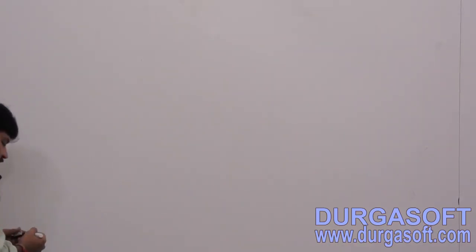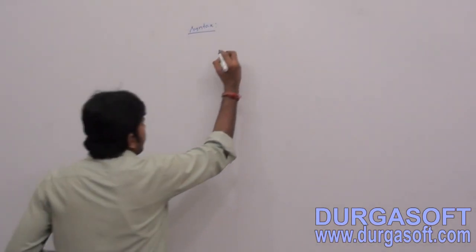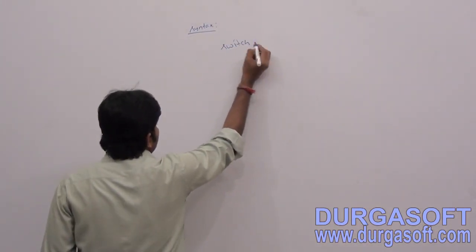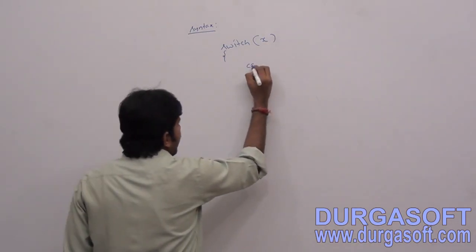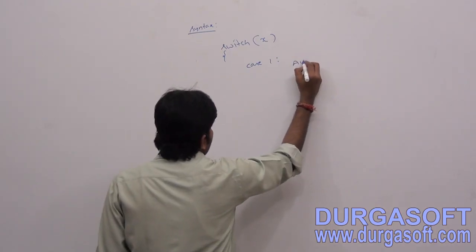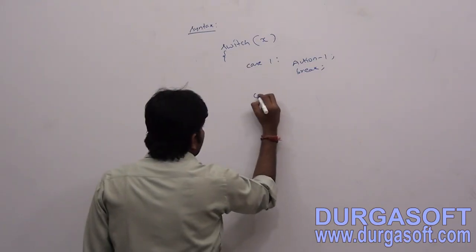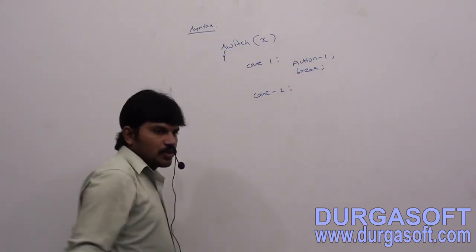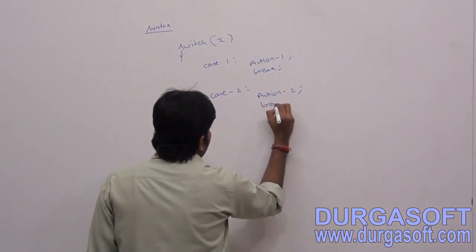Now, what is the syntax for switch? Listen carefully. Switch of x. Case 1: action 1, break.